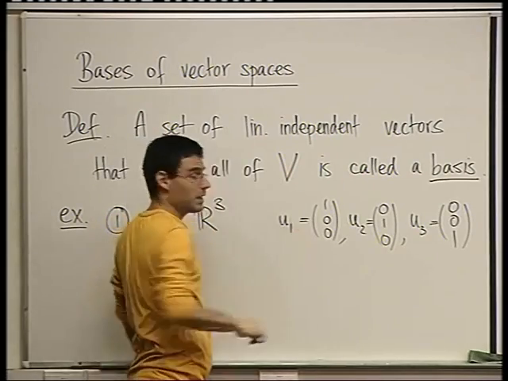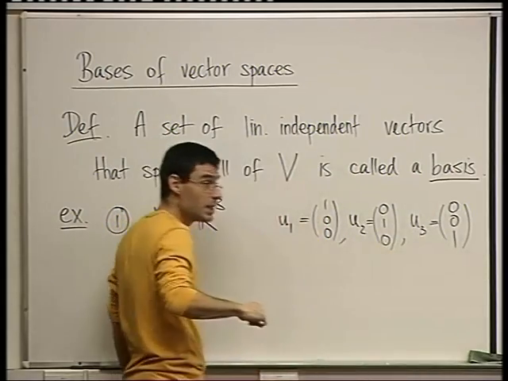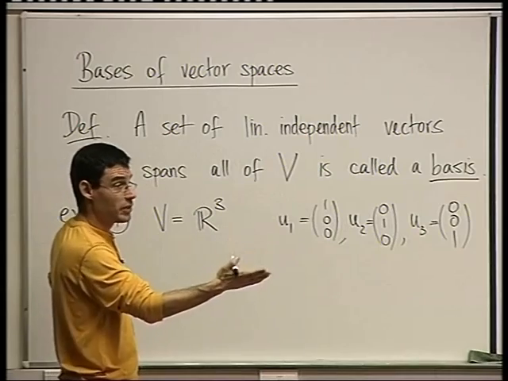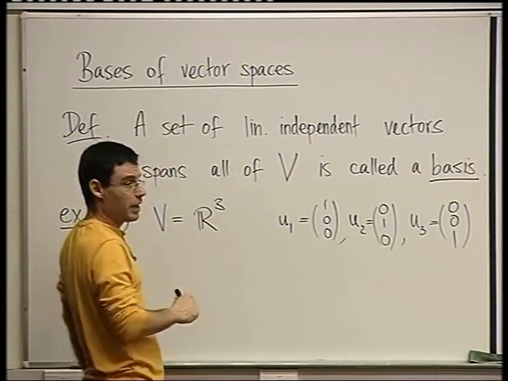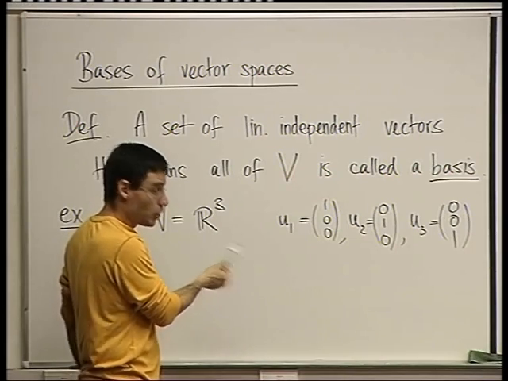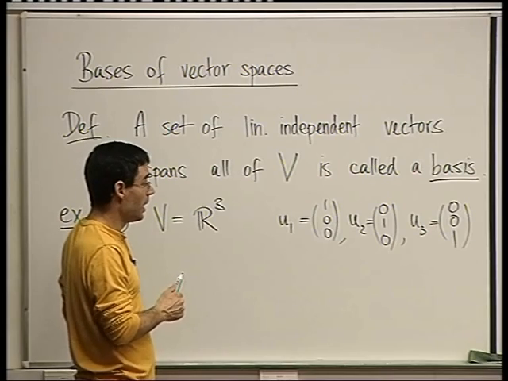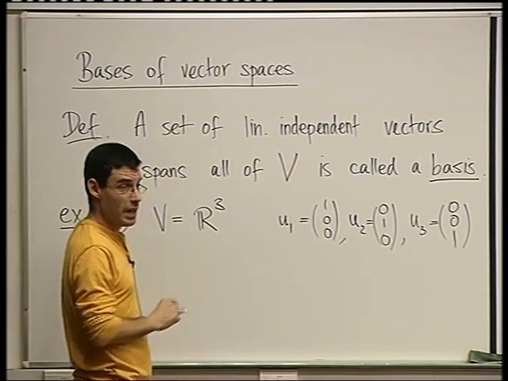Another way of determining that they're linearly independent is taking a linear combination, assuming that it equals 0, and checking if the system that shows up has a solution. Okay, it's going to be a homogeneous system. Does it have a solution?